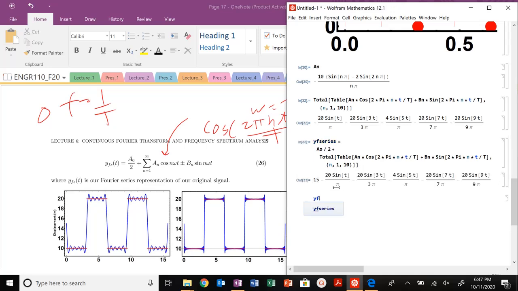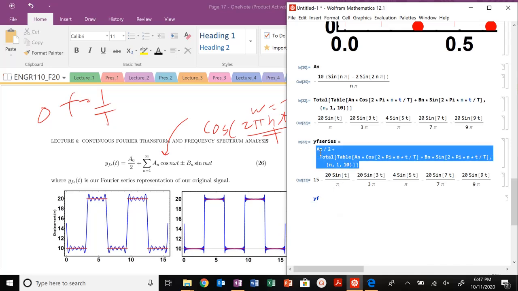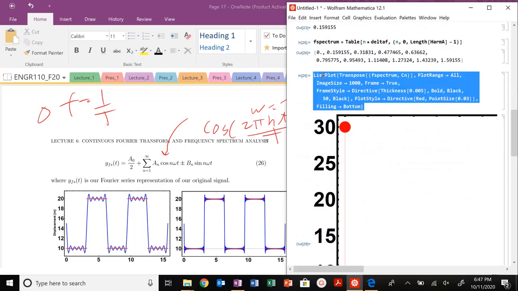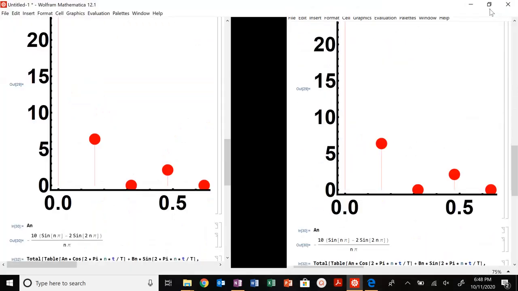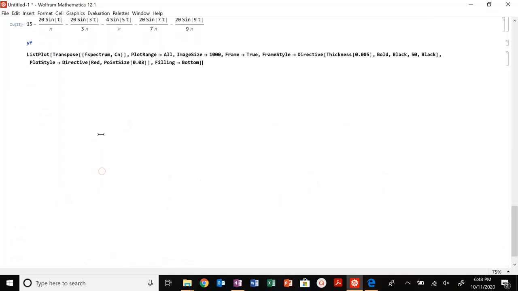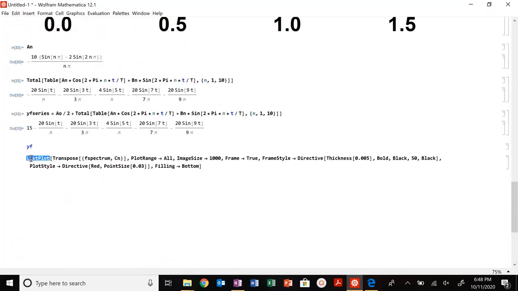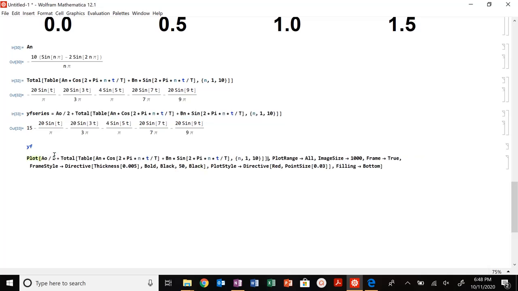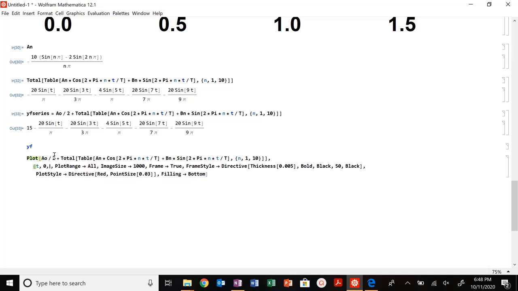So now I can take our Fourier series, and instead of repeating that as a variable, I'm going to paste this in here. I'm going to keep a lot of this same plot procedure. So instead of list plot, I'm going to do plot, and I want to plot my Fourier series, which is this whole thing here as a function from t goes from 0 to, let's say, 5 pi.